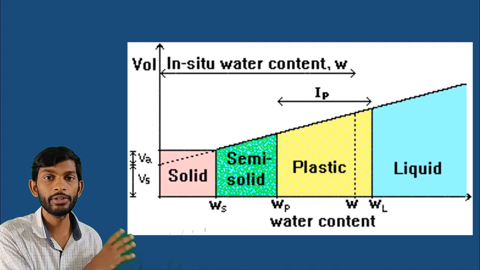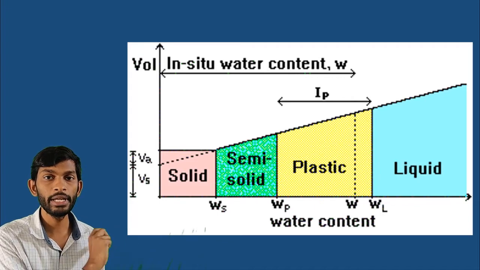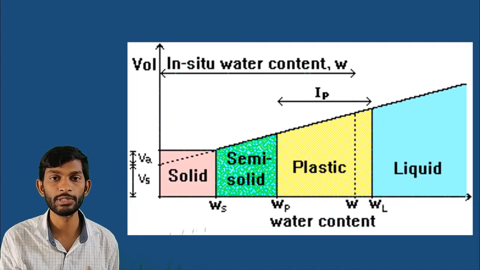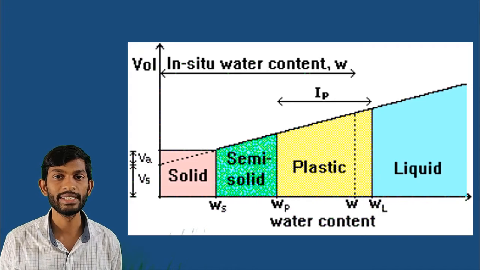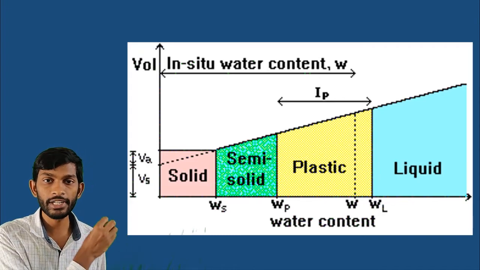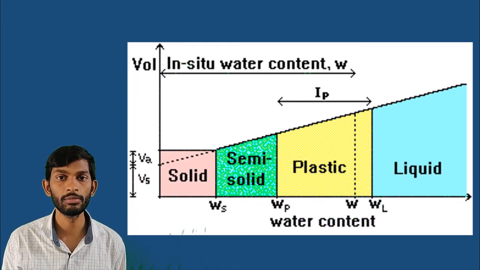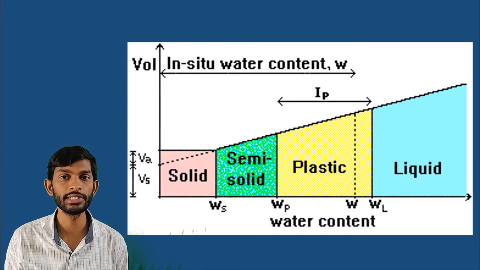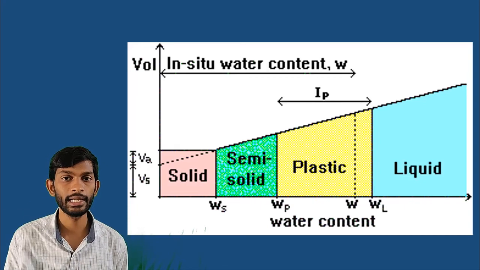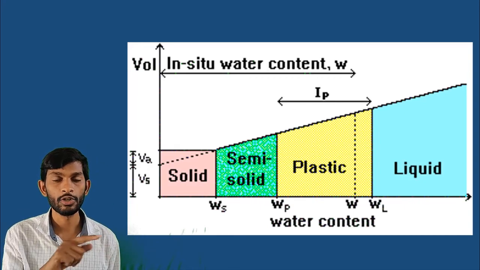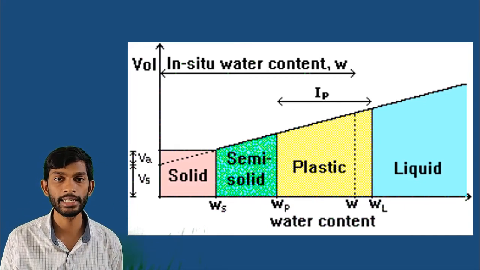If you further reduce the water content, there won't be any change in the volume of the soil. That is what the definition of shrinkage limit said, right? If you further decrease the water content, there won't be any change in the volume of the soil, or any shrinkage in the soil. That is why it is a rectangular box. It is not a sloping curve, or a declining straight line.